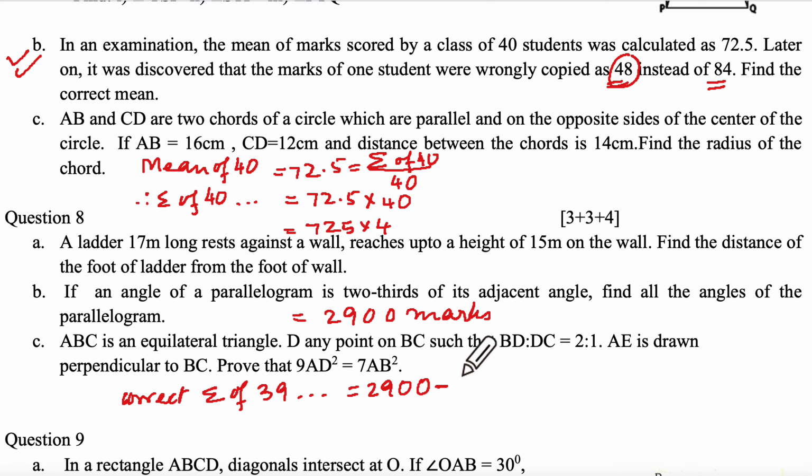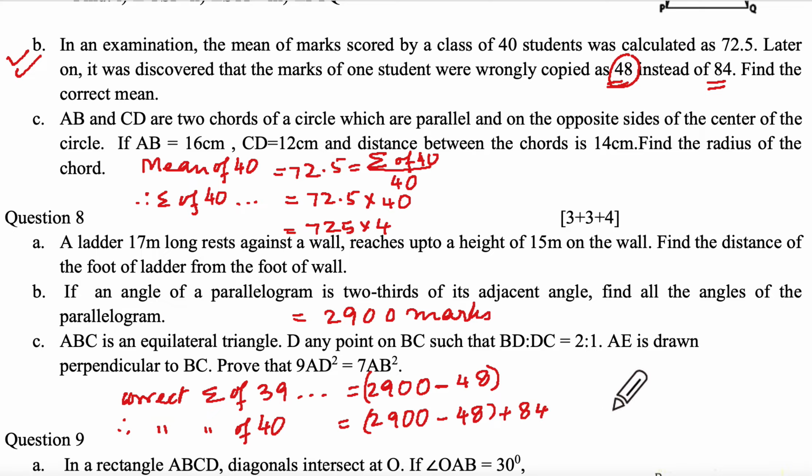So if I remove 48, I will get the correct sum of 39. Agreeable to you? Therefore, correct sum of 40 will be equal to 2900 minus 48, and I will add the correct one, which is 84. Understanding? And then you will get the correct mean.